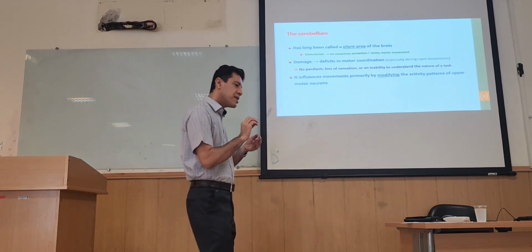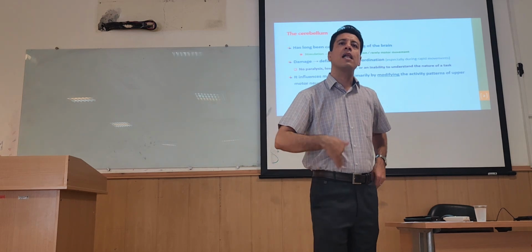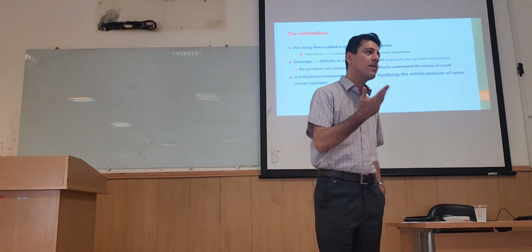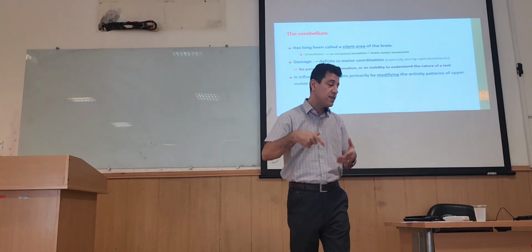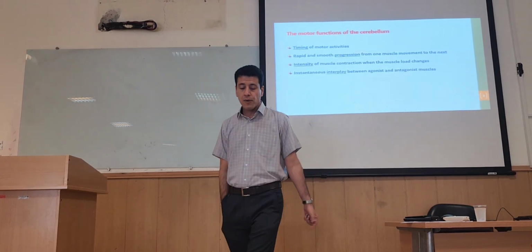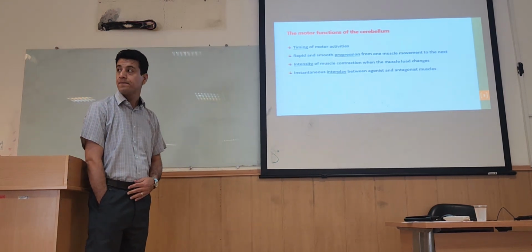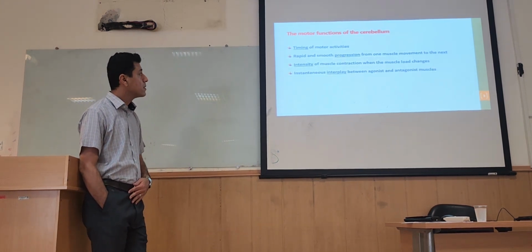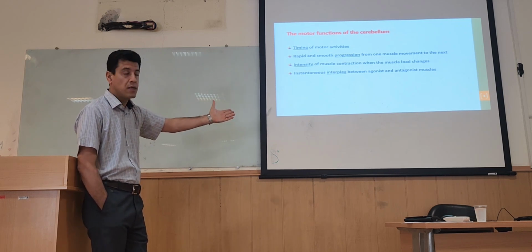So cerebellum doesn't send any direct axon to alpha motor neuron or any axon to muscles. So it can change the activity of other motor centers. So it can regulate timing of motor activities. Okay, so all of these are important for coordination of activity.